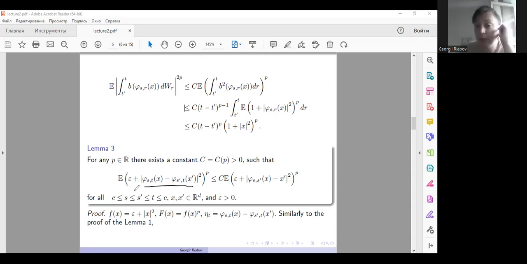So here p can be an arbitrary real number. And the estimate is that this is less than a constant times the same expectation when t is equal to s prime. Yes, so the expectation of (epsilon plus phi s prime of x minus x prime) to the power p. Interestingly, this constant will not depend on epsilon.